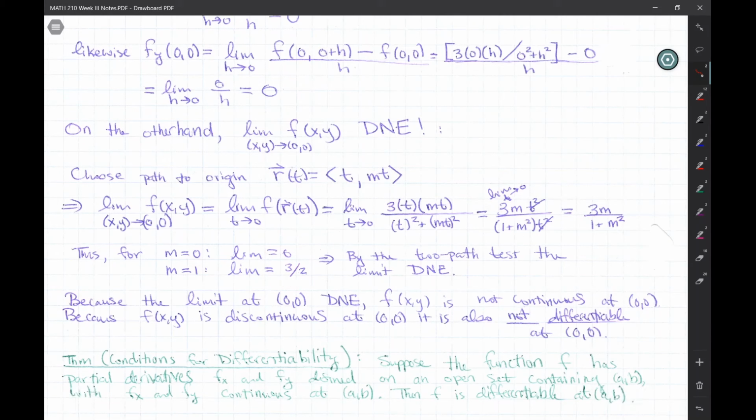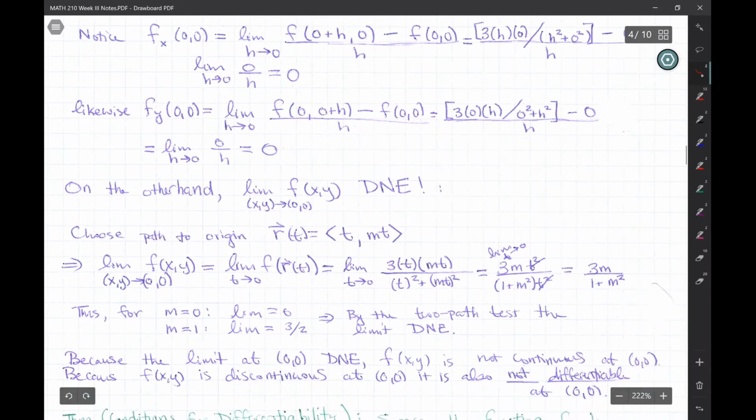Two different values as we approach by two different paths means what by the two-path test? That the limit does not exist. And again, the limit not existing implies the function is not continuous. The function not continuous implies that the function is not differentiable. So what's the moral of the story there? Even though your limits can exist for your partial derivatives, it does not mean the function is differentiable.